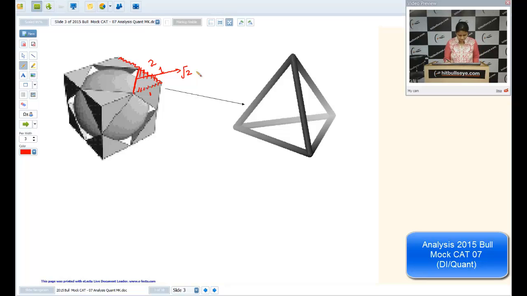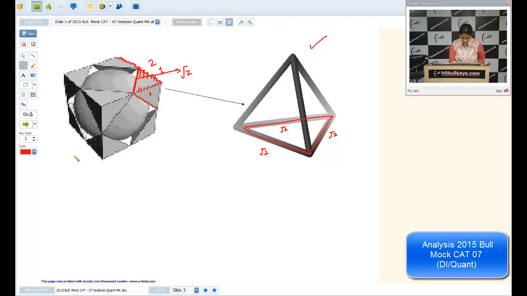Please confirm. Okay. See, now this is the zoomed version of this tetrahedral corner. Now, since these lengths were root 2, so this is root 2, and root 2. These lines. So at the base, we can say this is an equilateral triangle with the side root 2.